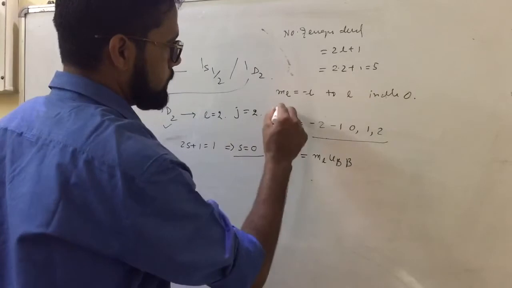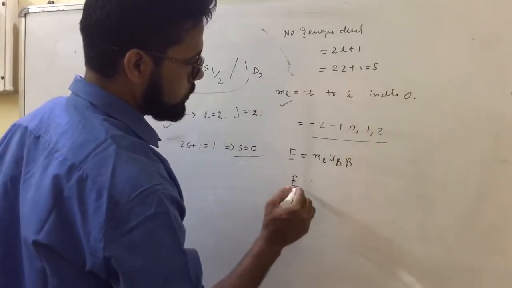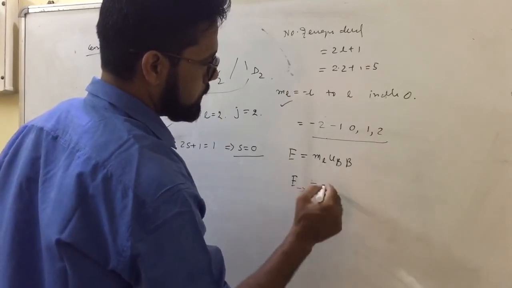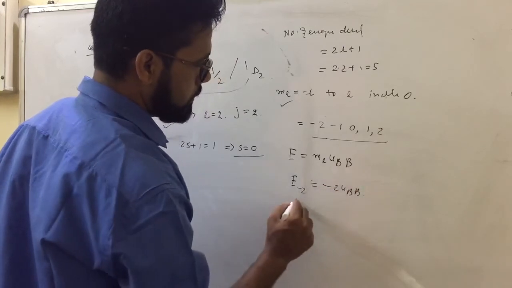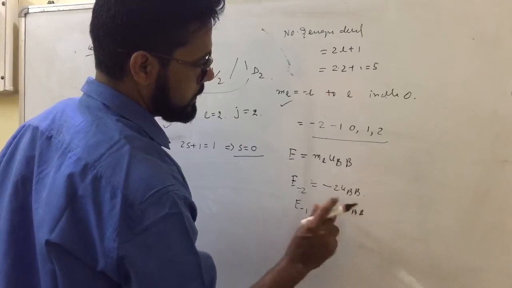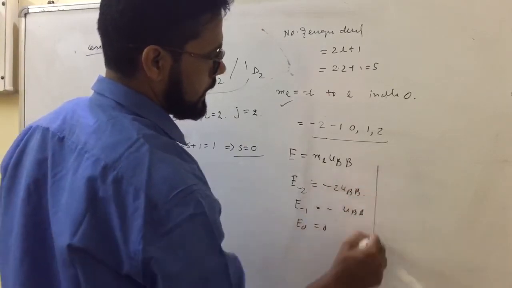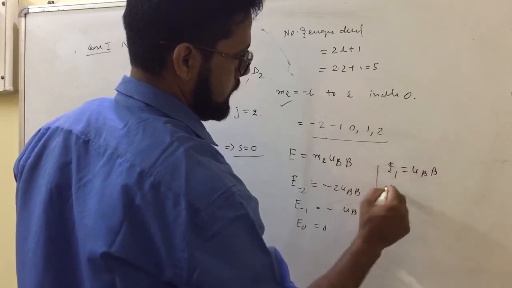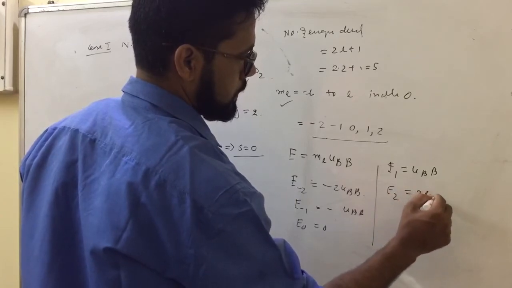So first you have to calculate the energy levels. E for M equal to minus 2: you put the value of minus 2, so this will be minus 2 mu_B B. Then minus 1 gives minus mu_B B. Okay. Then E0 is 0. Then E1 equal to mu_B B, and E2 equal to twice mu_B B.